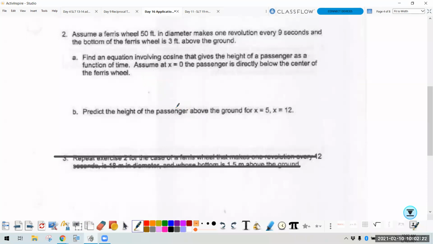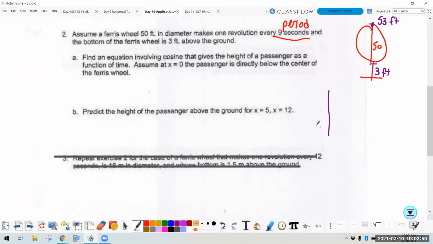So it says, assume a Ferris wheel is 50 feet in diameter. This length is 50. It makes 1 revolution every 9 seconds. That's our period. And the bottom is 3 feet off the ground. So that means the top will be at 53 feet.